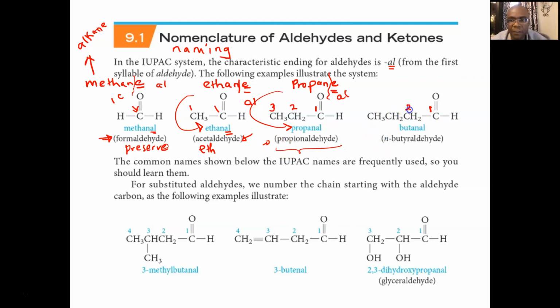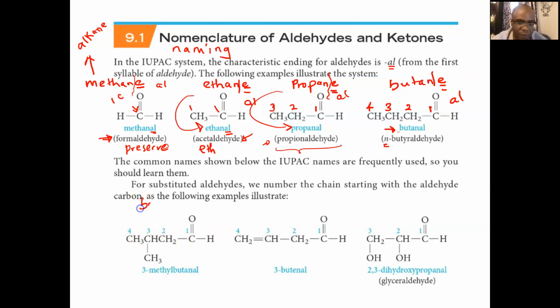This one has 4 carbons, so it should have been called butane. We drop the e, we replace with -al, becomes butanal, and it's normal butyraldehyde because it's straight chain, it's not branched like to give you sec-butyl or tert-butyl. Okay, so the IUPAC names can also be obtained for other systems.